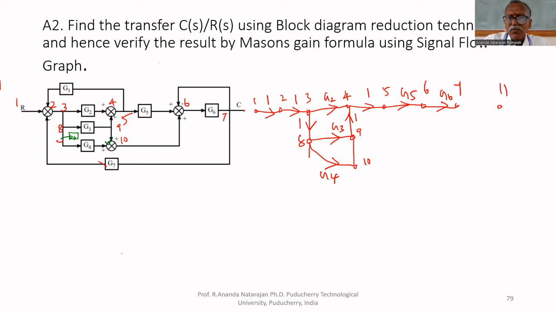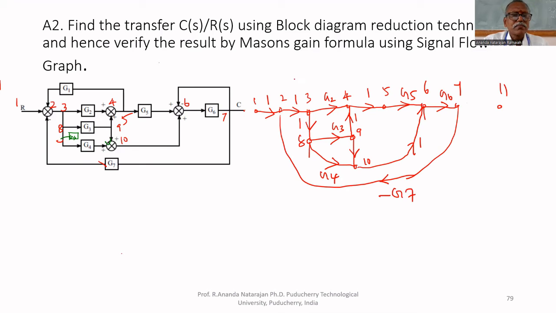9 to 10 only. Then 10 to 6, one path is there. Gain is unity. 7 to 2, gain is minus G7. 5 to 2, gain is minus G1.